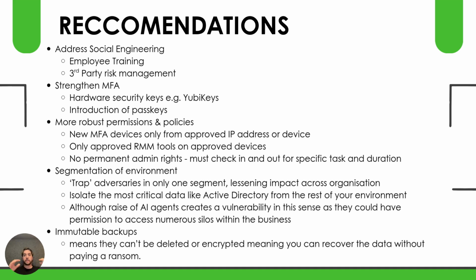Secondly, the second main section is that M&S could have strengthened their MFA process. They could have used hardware security keys like YubiKeys, which are standalone devices that the user or the adversary needs to physically possess to access the system.